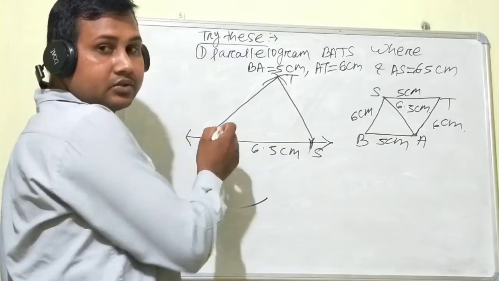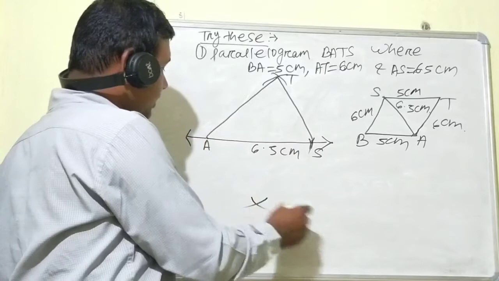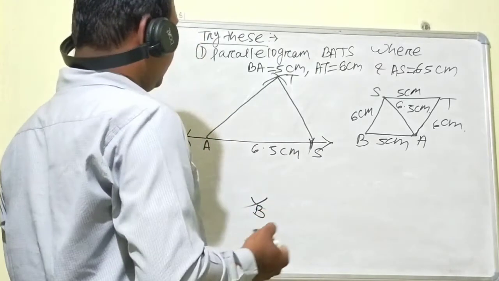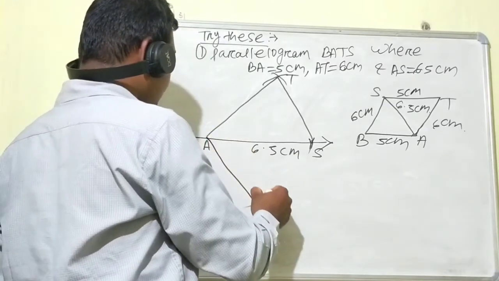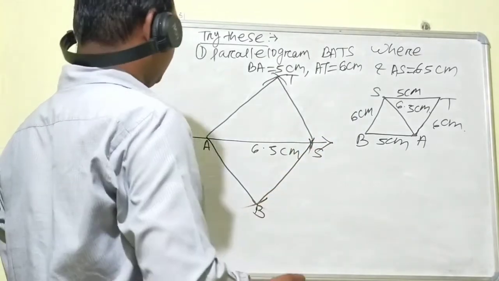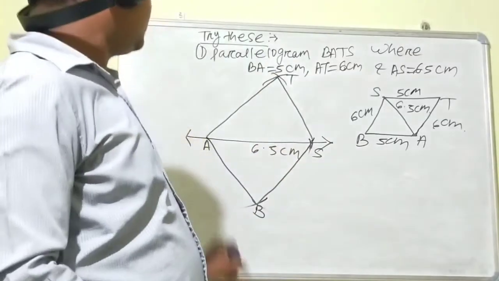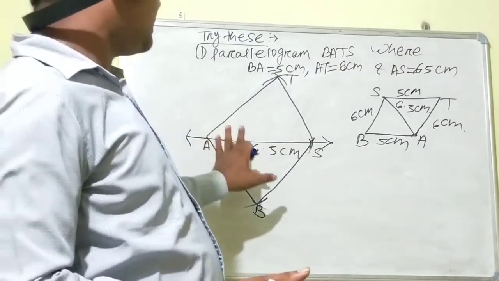After measuring through the compass, we will keep the compass tip at point A and cut it. They will intersect at a point, that is B. Then we will join A to B and B to S. Now BATS is the required special parallelogram.